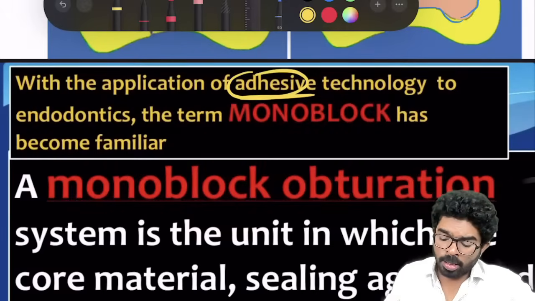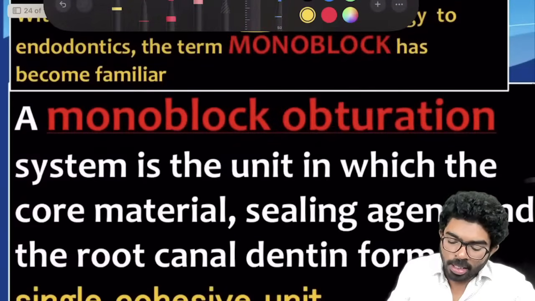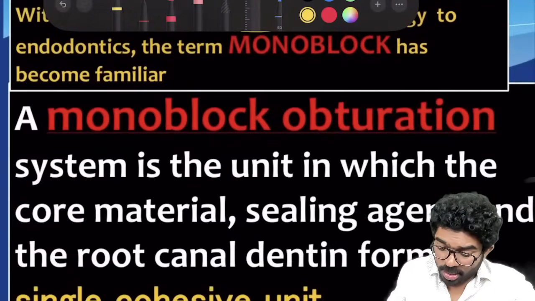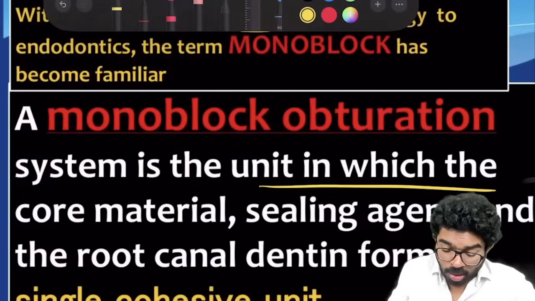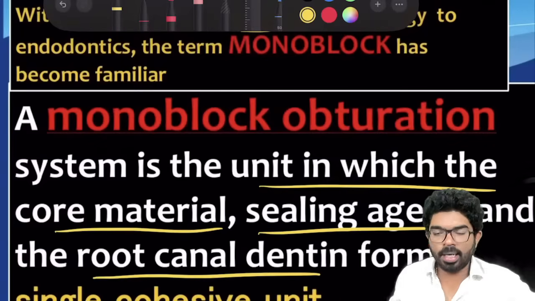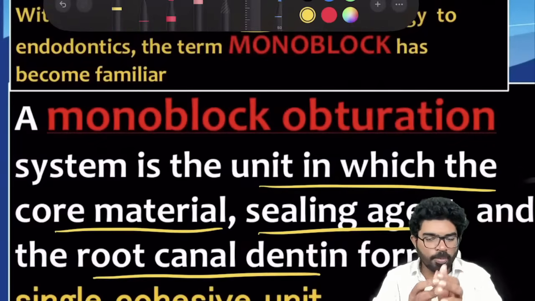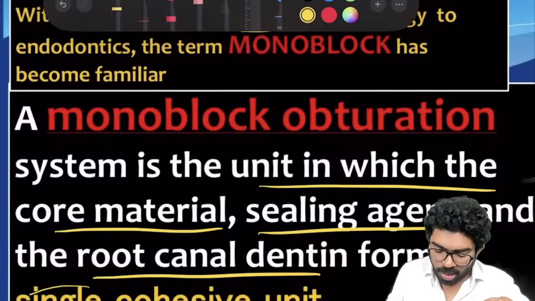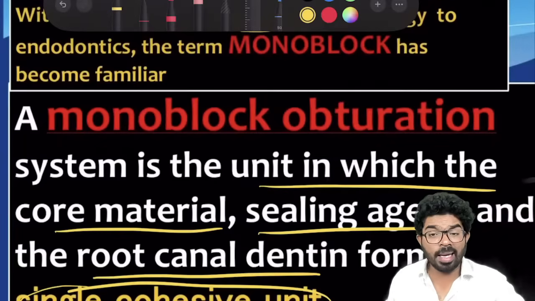What is a monoblock? The definition: a monoblock obturation system is a unit in which the core material, sealing agents, and the root canal dentin all together form a bond. That forms one single block, called a single cohesive unit.